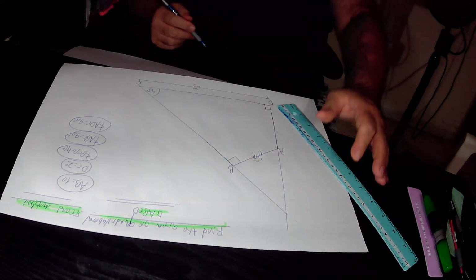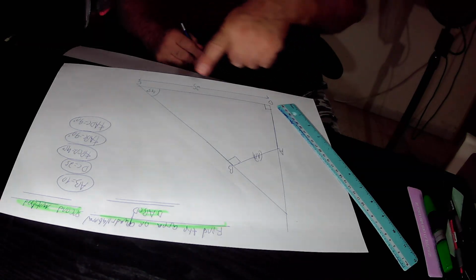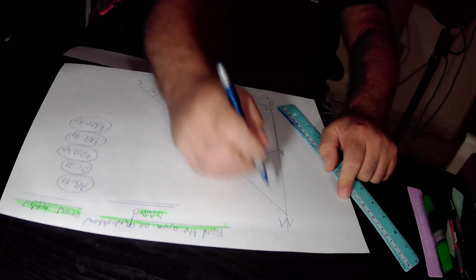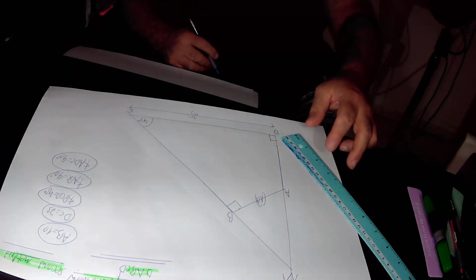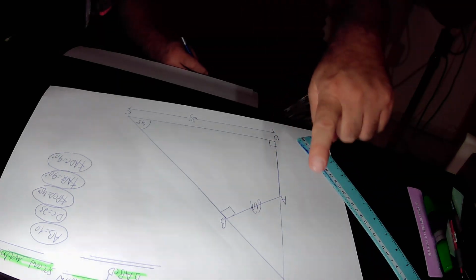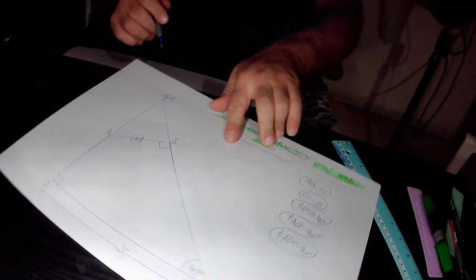And when you find the touching point of the extended side DA with the extended side CB, this point is point M. By doing this construction, we get the big right triangle MDC. This is the big right triangle MDC.